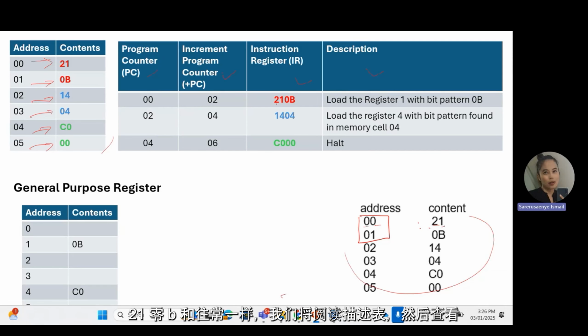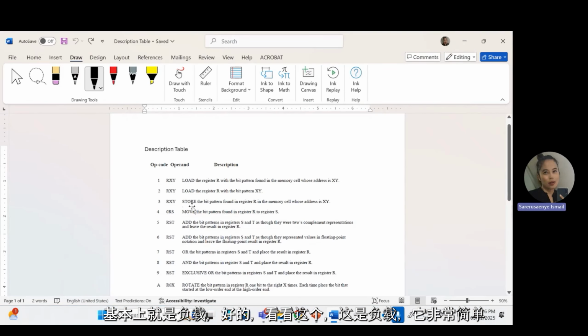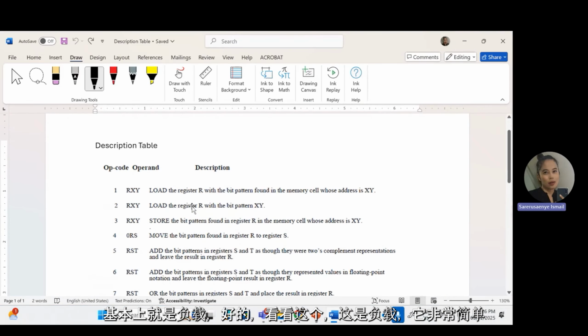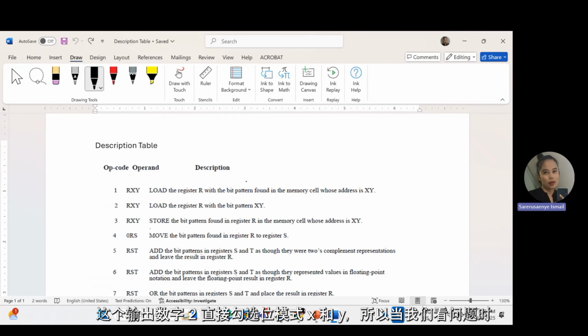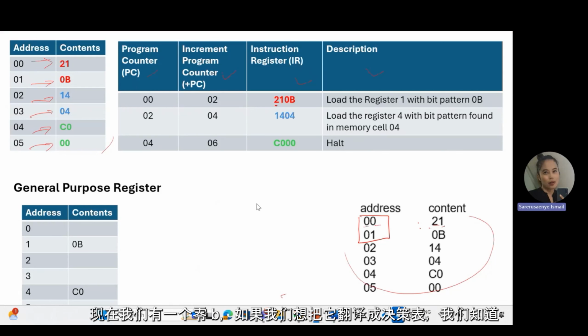As usual, we're going to read the description table and look at opcode number 2. We understand that opcode number 2 in the description table is basically load. Take a look at this. This is load, and it is very straightforward. This opcode number 2 directly takes the bit pattern XY. So when we look at the question just now, we have 0B.